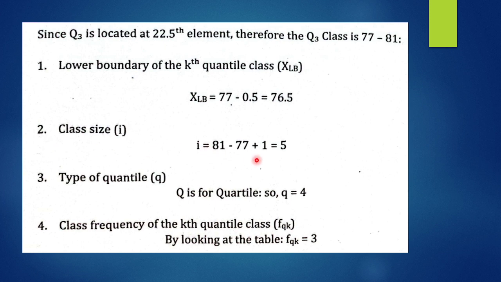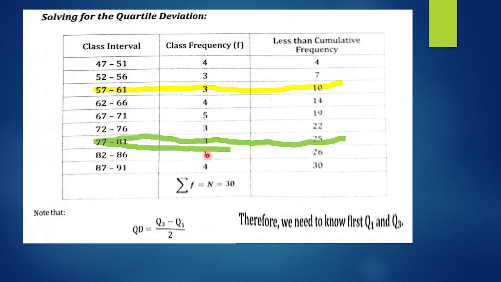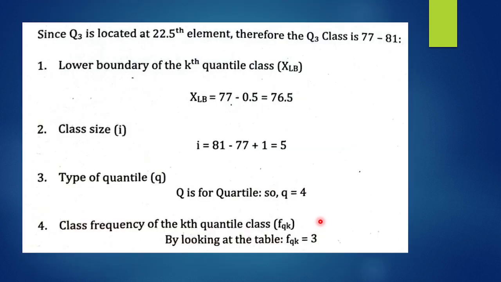Now the class size, of course, is just the same type of quantile, Q quartile, so that's why it's 4. The class frequency of the kth quantile class is, by looking at that table, FQK is equal to 3 gihapon. 3, same this one, 3.